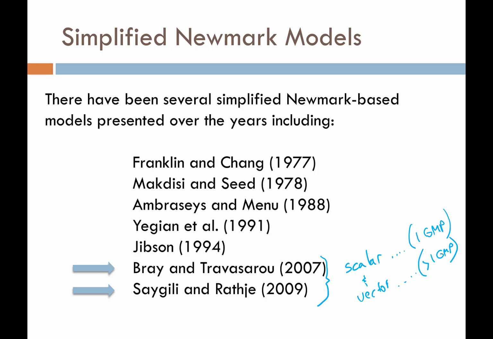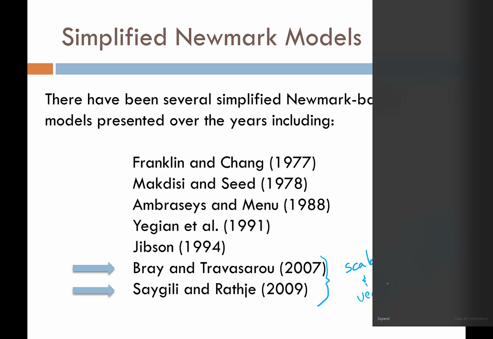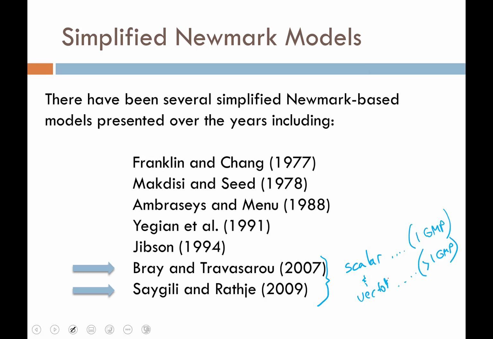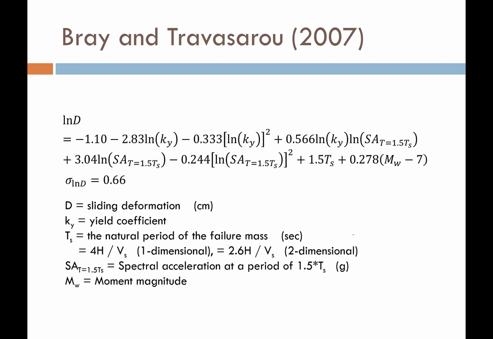So vector models are great, especially for probabilistic analyses where you're interested in minimizing your uncertainty, but they're a little more difficult to perform because they have more input parameters. So what we're going to talk about in this lesson are just the scalar versions of the models, okay? So there's only one ground motion parameter we're dealing with.